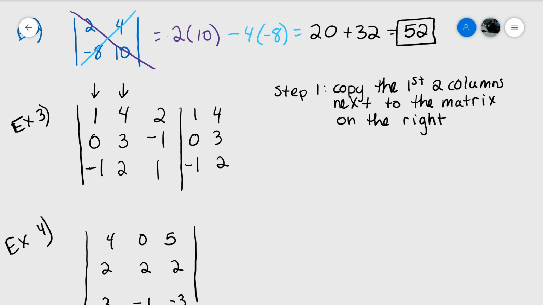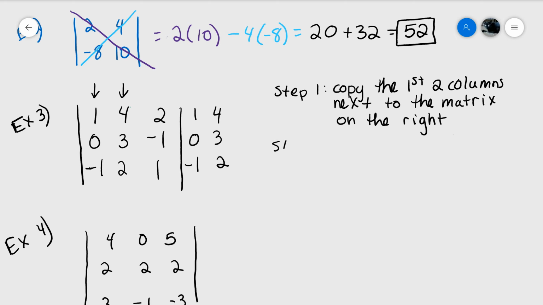Now, if you look up videos on how to do 3 by 3 matrices, there is another method. I feel like it's more complicated to get down at the beginning. So I like this method, but if you watch a video and you like that method better, go for it.